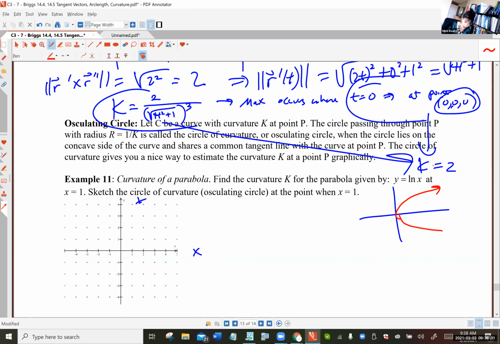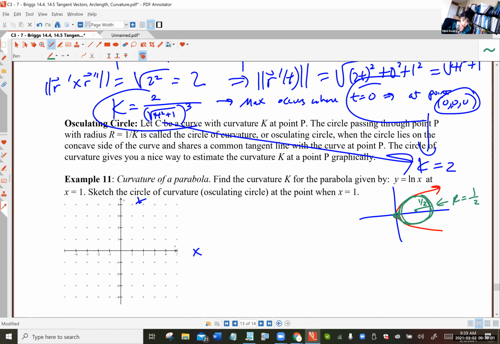If you were to snuggle a circle right there at the vertex, the circle would have radius 1/2, because remember, curvature and the radius of a circle are inversely related. So this would be a half circle, and it would snuggle in there. And that circle is known as an osculating circle.